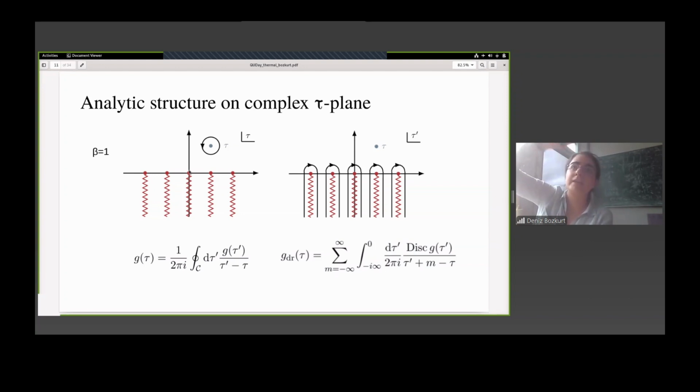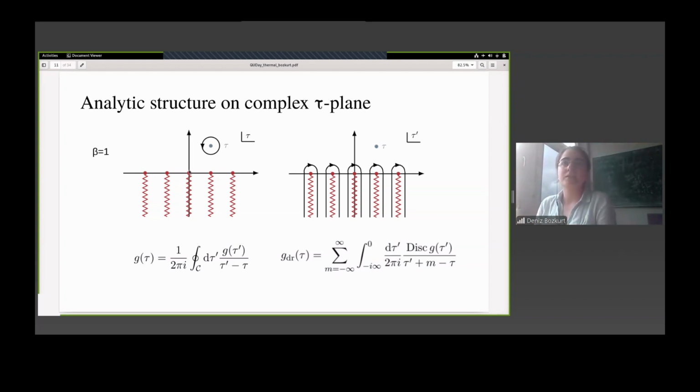And there can be nothing more. So then we can consider complexifying tau and choosing a specific analytical continuation. And in this case, depending on the orders of the poles that appear in our two-point function, there might be cuts. But again, except these poles and cuts, there can be nothing more.